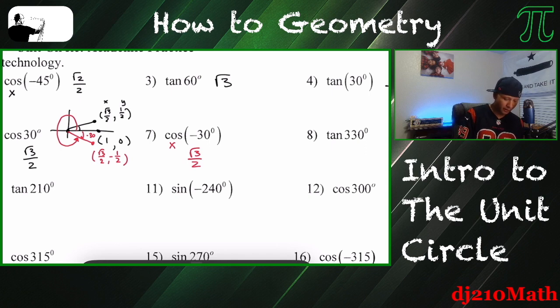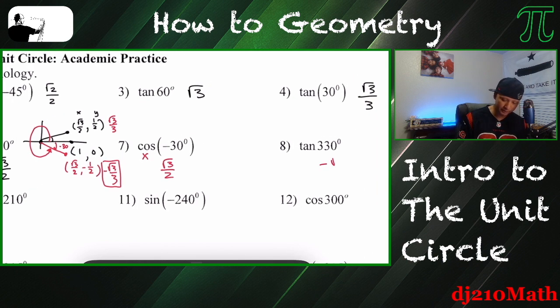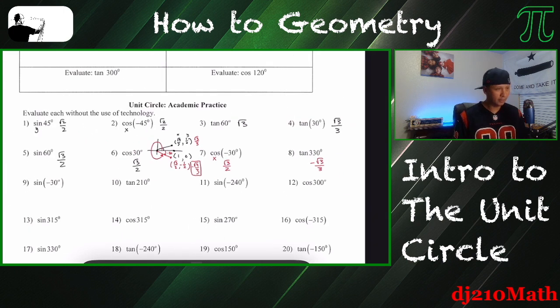So I know that I said that this was root 3 over 3 for tangent. Well, this also is going to be root 3 over 3, except with one little difference. This has got to be negative, right? Because you have a negative divided by a negative. So tangent of 330 is negative root 3 over 3. Okay. Again, hopefully this helps someone get through some homework or something.